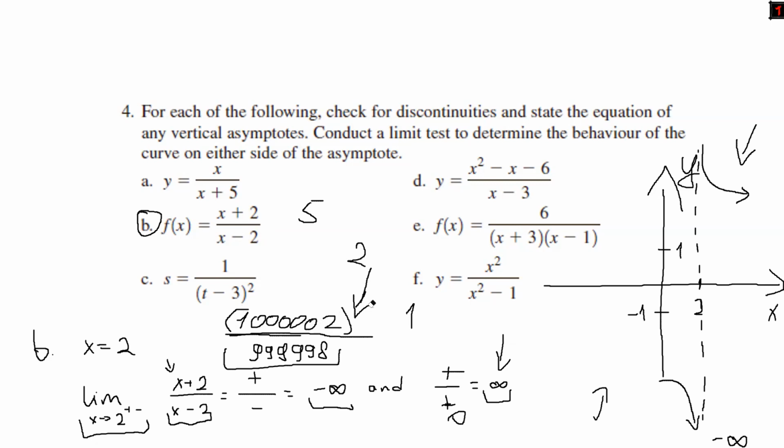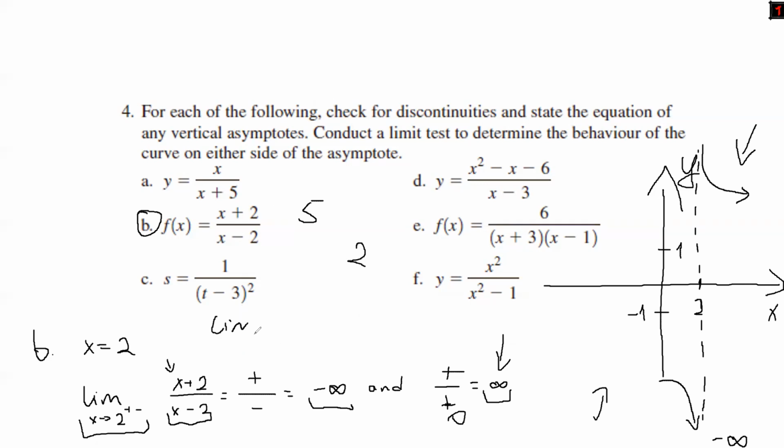In fact, you can test it by solving the limit of this function, the limit as x travels to positive or negative infinity. Remember horizontal asymptotes, how we check for them. X travels to infinity, right? So I'm going to have x plus 2 over x minus 2. And the next step is to factorize it.